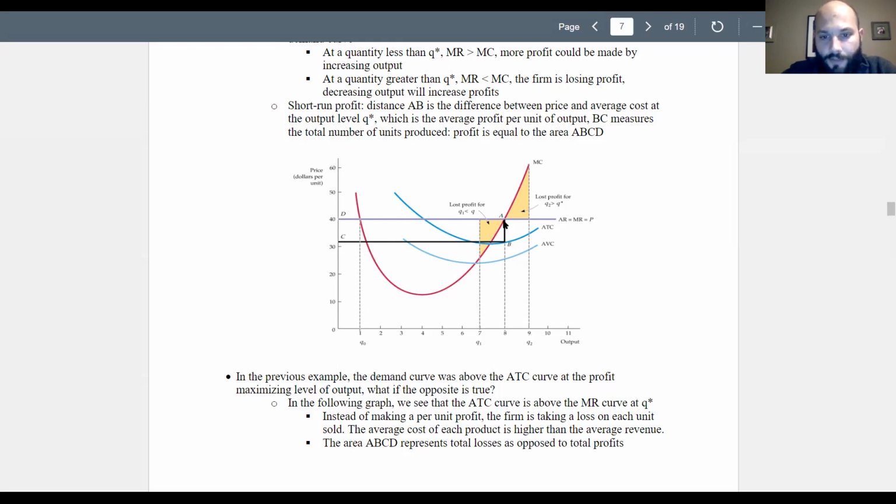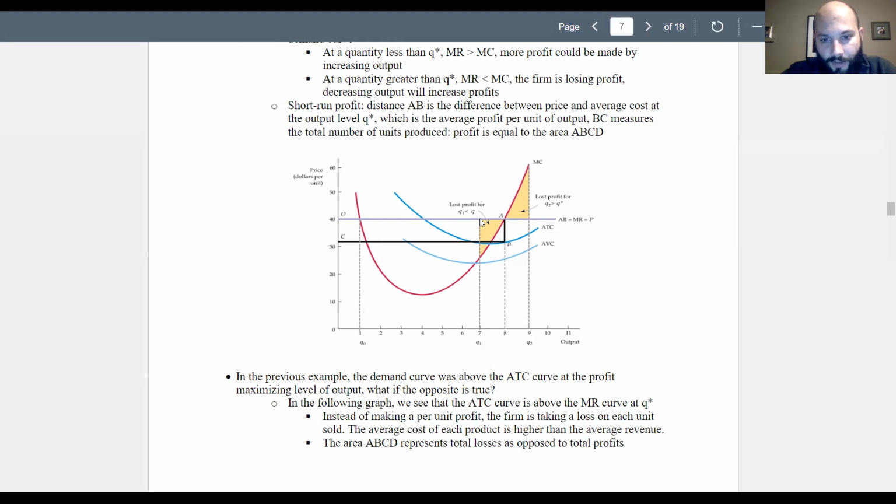So how do we know that this is profit maximizing? Remember, profit is equal to total revenue minus total cost. So what would happen if this producer produced a quantity lower than 8? What about quantity equals 7? Well, the marginal revenue of the 7th to 8th unit is price.